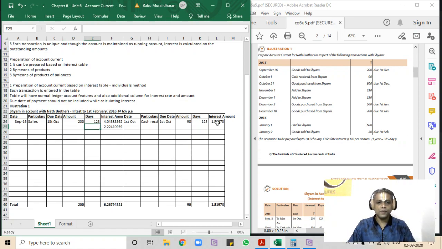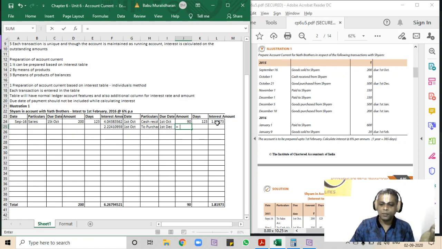Let's make it more clear with the next one. Goods purchased from Shyam. Two purchases. It has happened on 1st October. On 1st October, Nath Brothers has purchased some goods from Shyam, and it is due on 1st December. Due date is 1st December. So, what is the total number of days from 1st December?